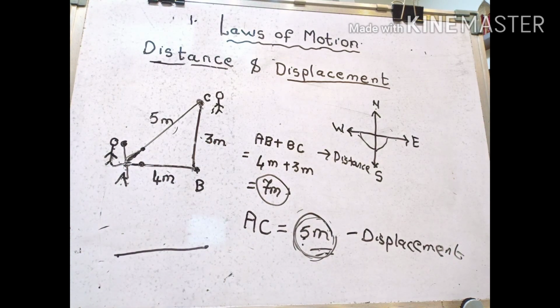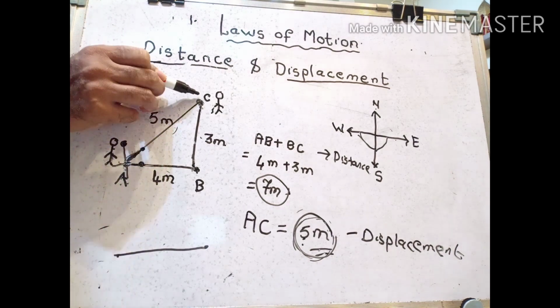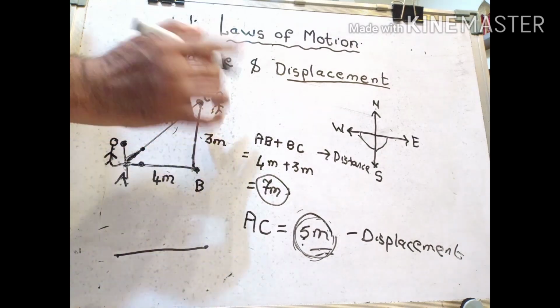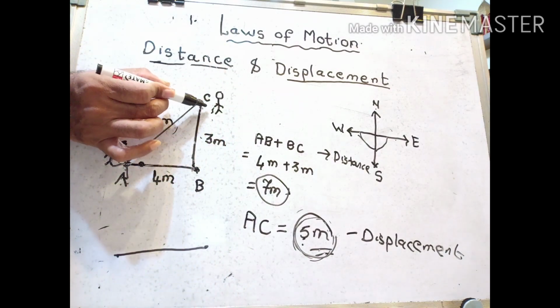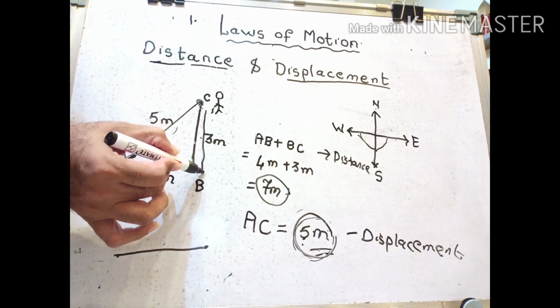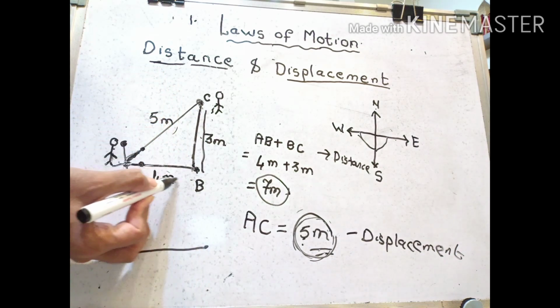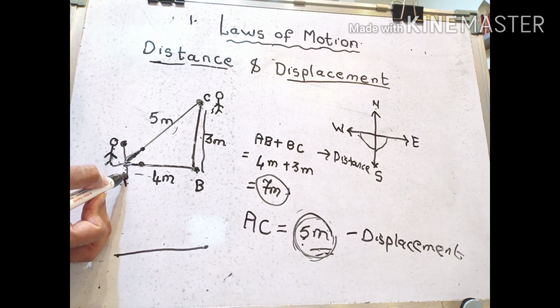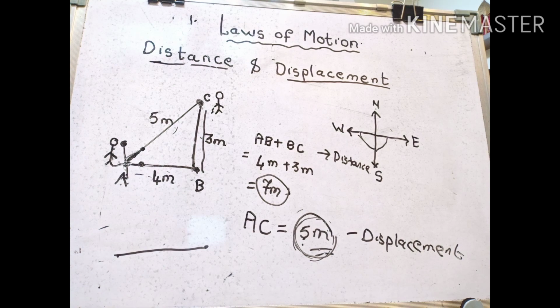I also gave you an example telling you that suppose this person returns back. Now this person is coming back along the same route, let us assume. So the person travels 3 meters from C to B and again 4 meters from B to A. So the person will cover 7 meters again on the way back.